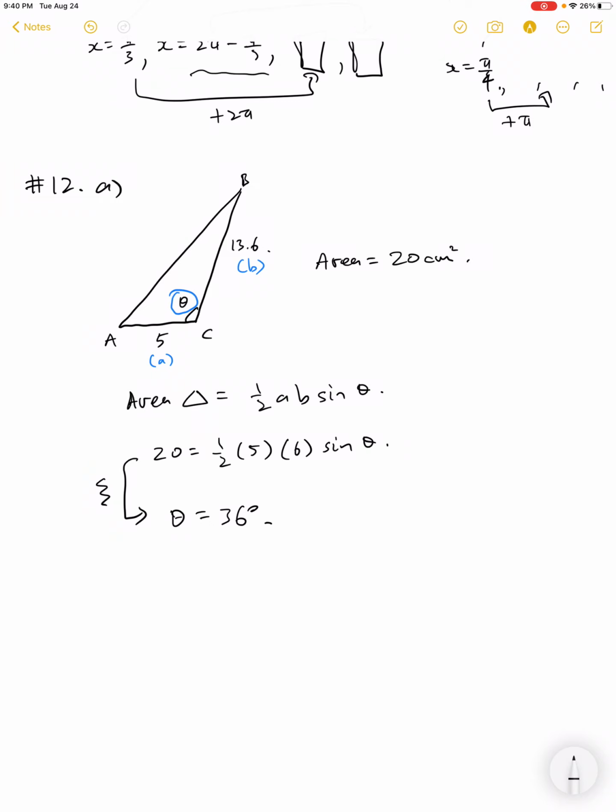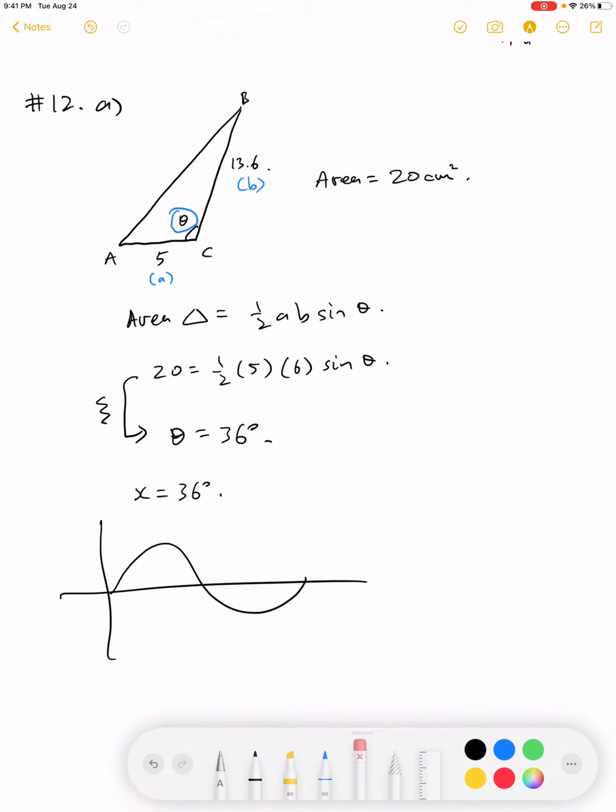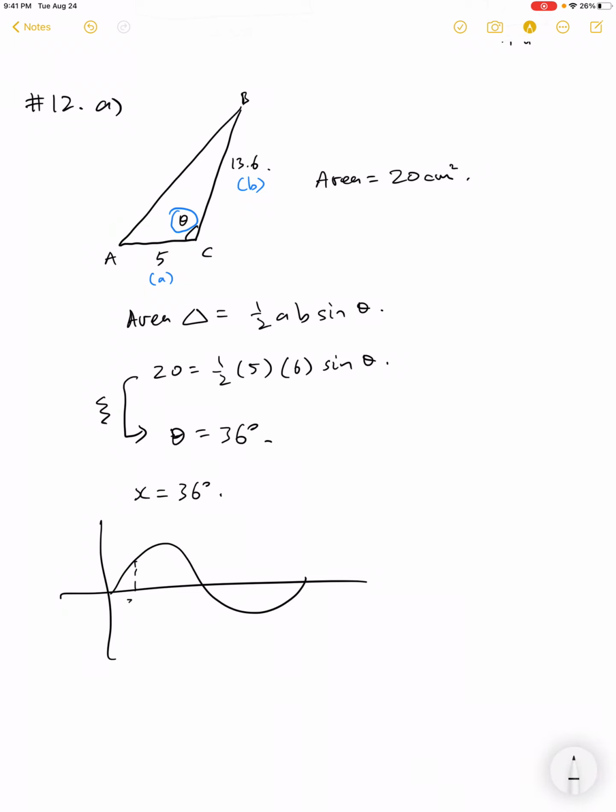So if theta equals 36 degrees, this is just the same as us saying x equals 36 degrees, using the same concept that we had. So 36 degrees is here, and it's going to be some kind of y value.